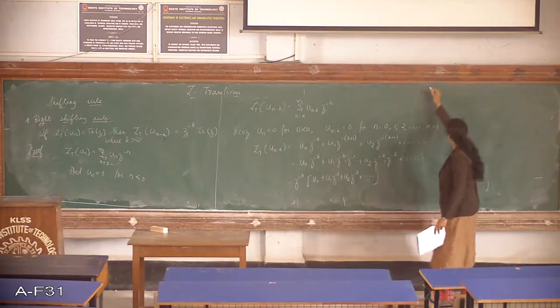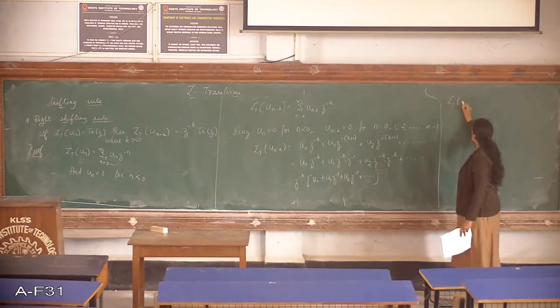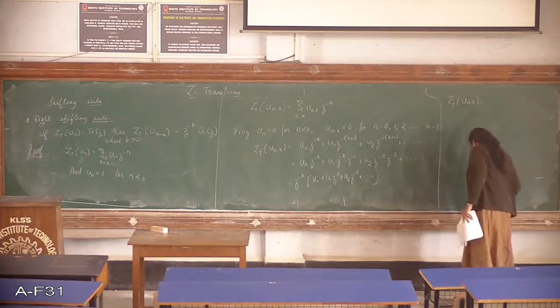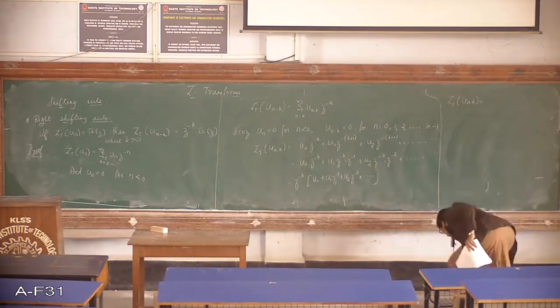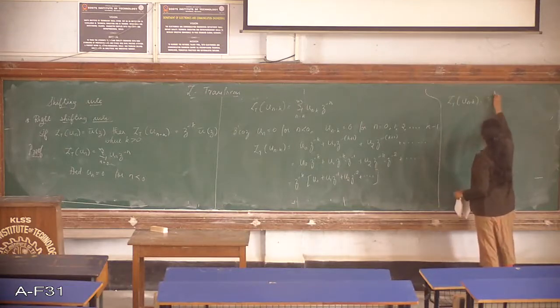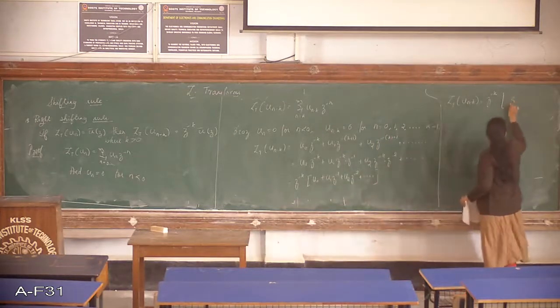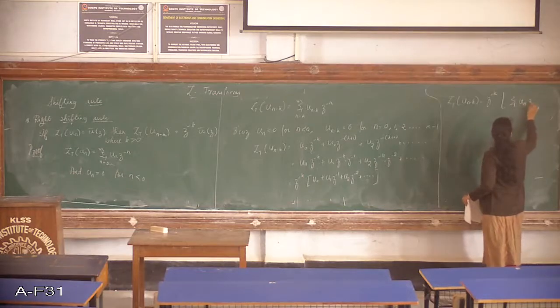So if you can look onto this, that is the z transform of u(n minus k). If you can see the right hand side part of it, this is nothing but z raised to minus k times the summation of u(n) z raised to minus n, ranging from 0 to infinity.